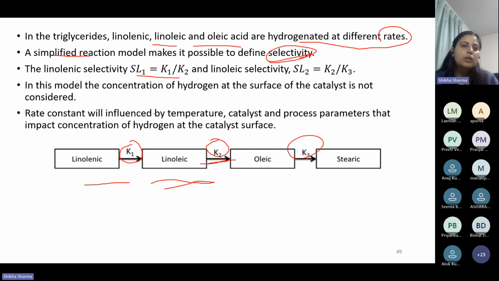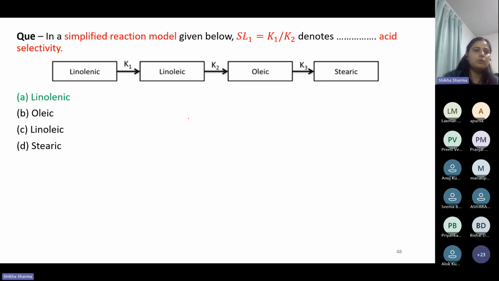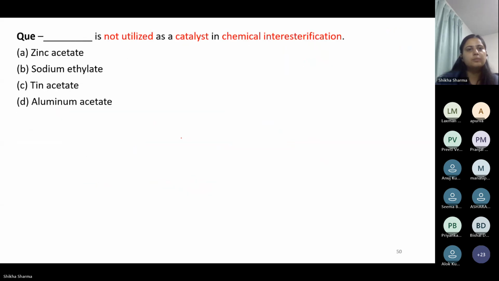In this model, the concentration of hydrogen at the catalyst surface is not considered, and the rate constant is influenced by temperature, catalyst, and process parameters, which affect the hydrogen concentration at the catalyst surface. So option A, linolenic acid selectivity, is the correct answer.